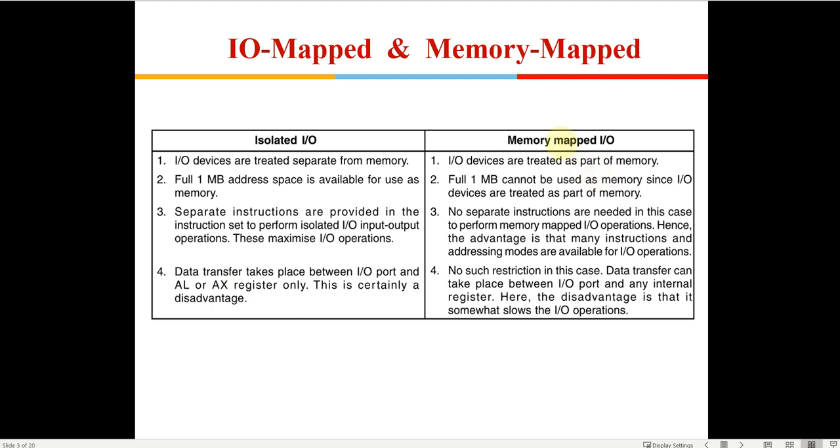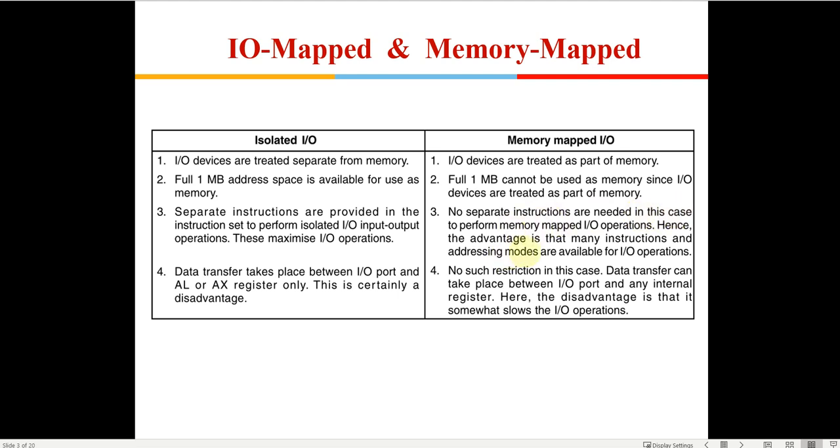Coming to memory mapped IO, in this case IO devices are treated as memory. The full MB cannot be used as memory, and that becomes a disadvantage. The advantage is that no separate instructions are required.